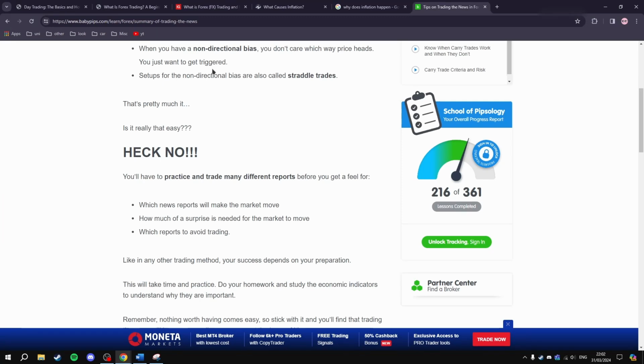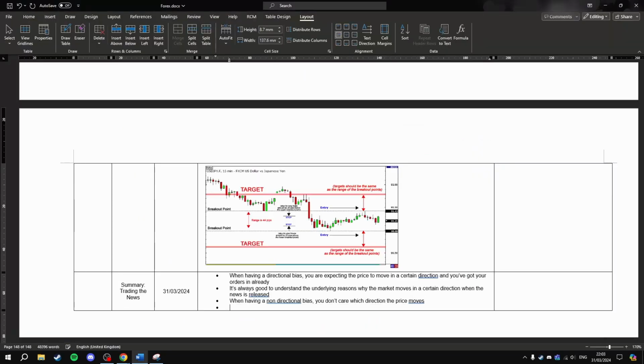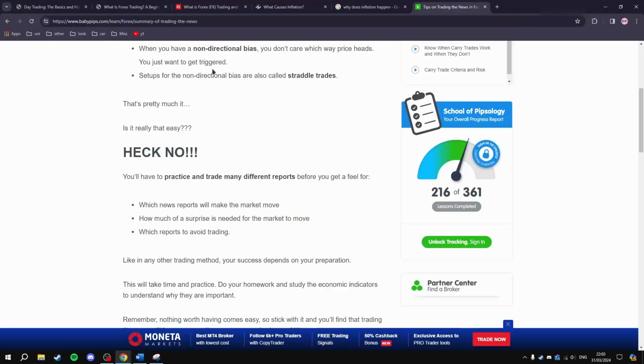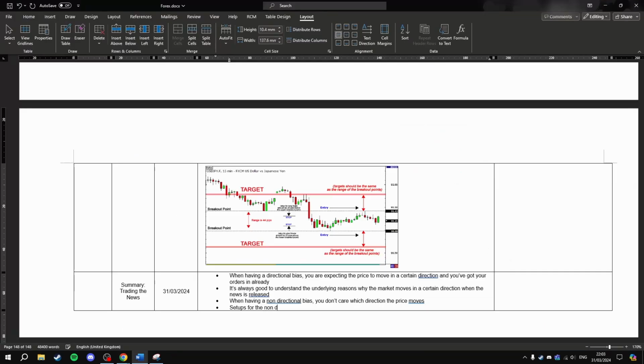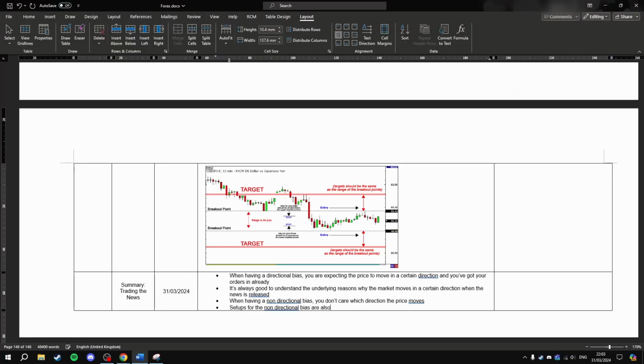Setups for the non-directional bias are also called straddle trades.